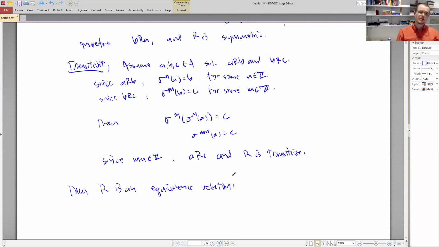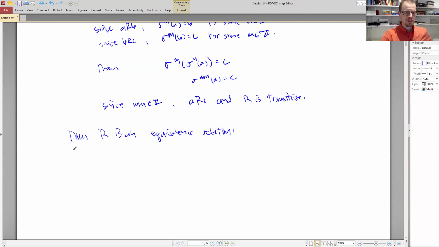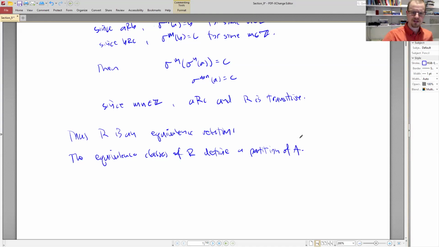Now, again, the importance of R being an equivalence relation is that the equivalence classes of R define a partition of A. That's some prior content that we talked about that's making an appearance here.